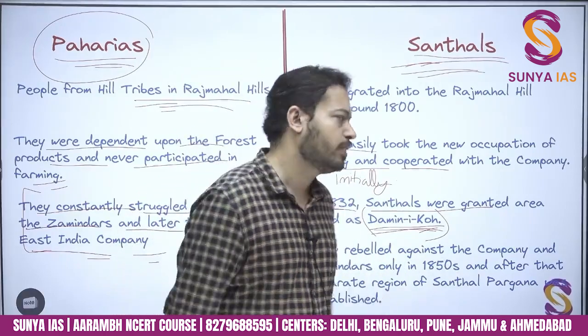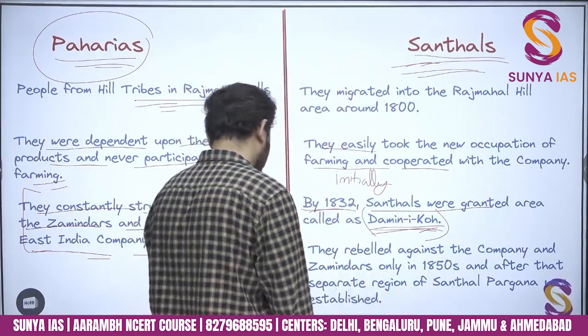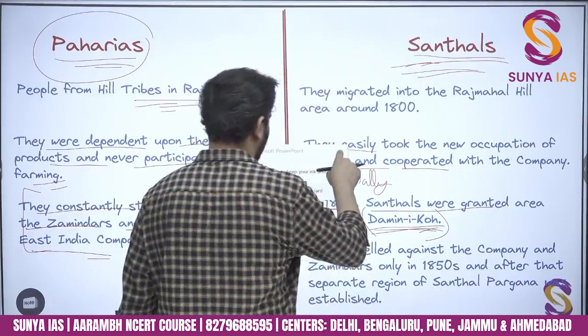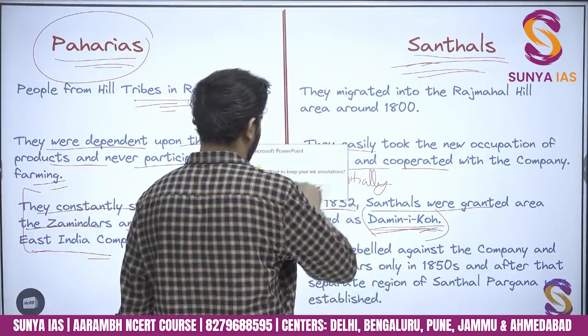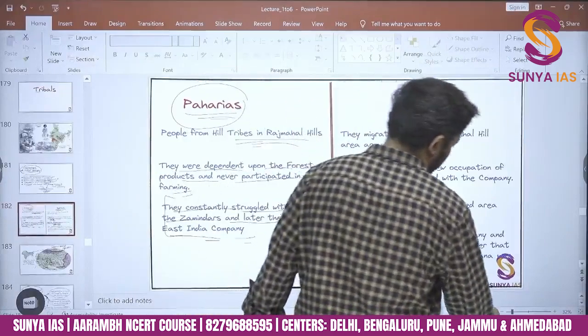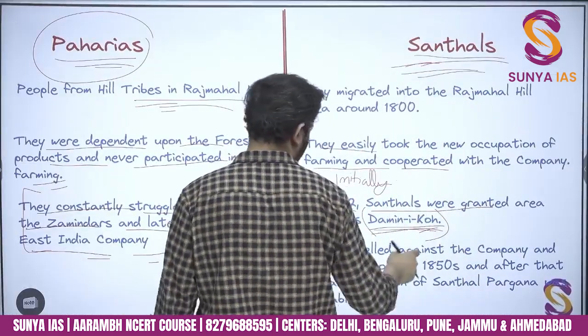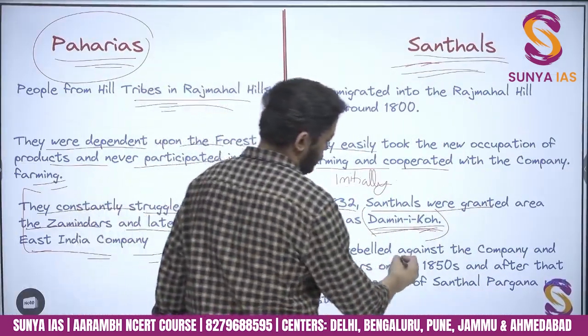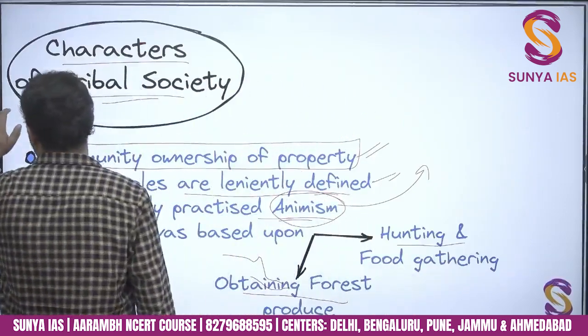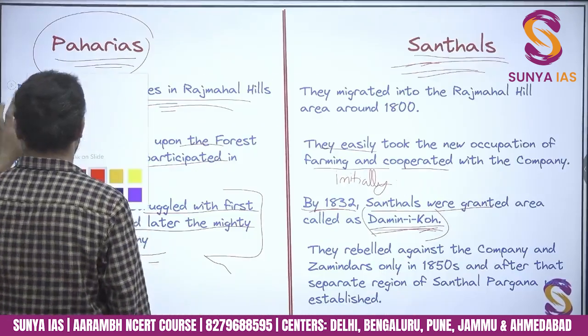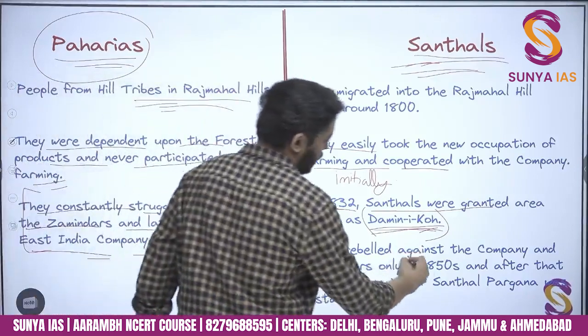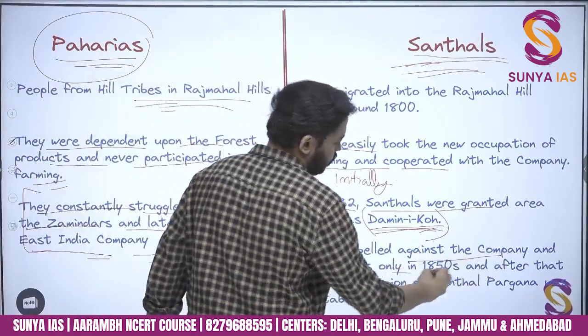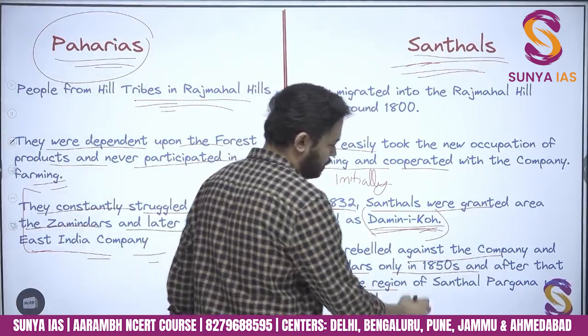And when they found it difficult to pay the rent, again the revolt started, this time against the company and the zamindars in 1850.